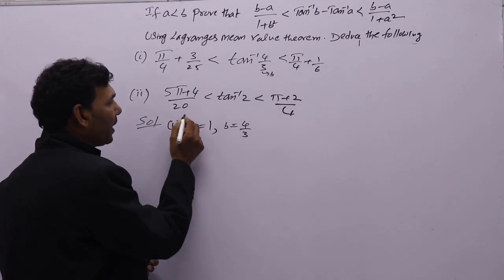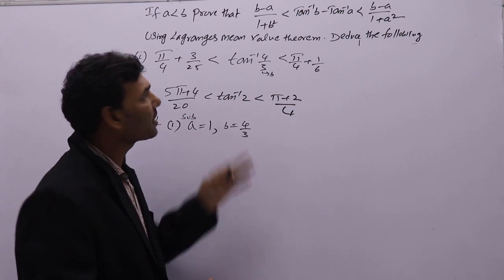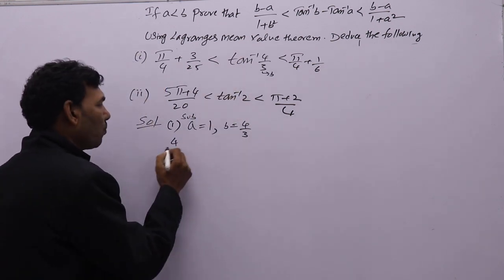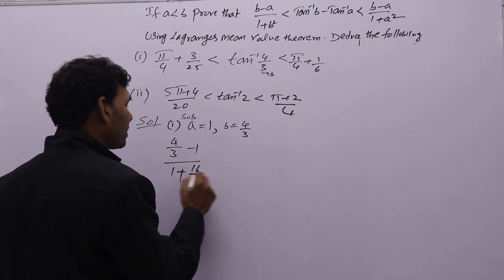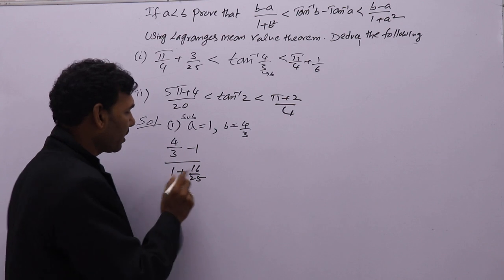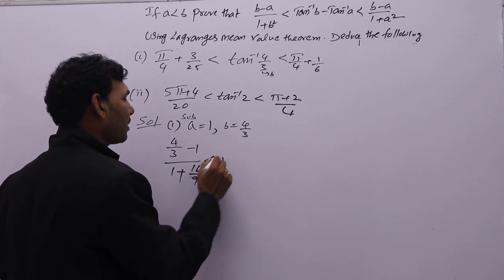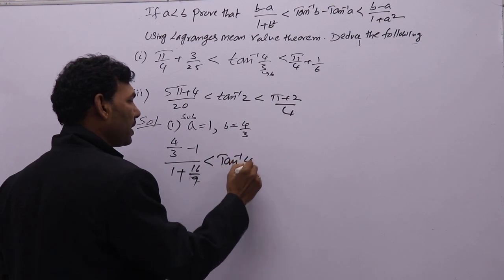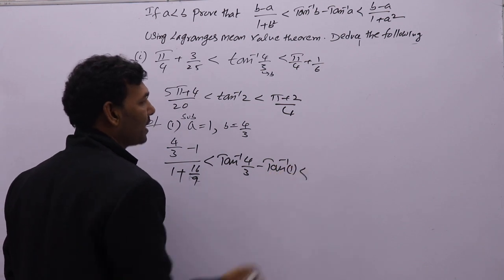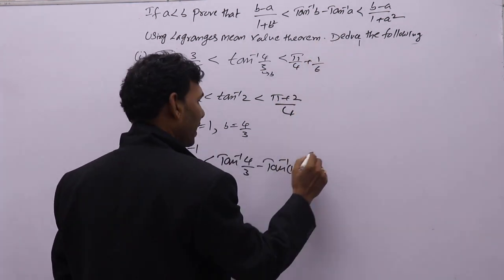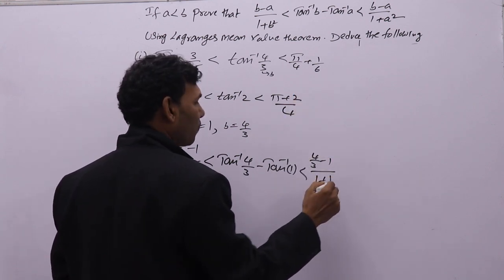Now substituting a as 1 and b as 4 by 3 in the above derivation, what will you get? (4 by 3 minus 1) by (1 plus b square), 16 by 25. 4 square is 16, sorry, 3 square is 9. 3 square 9 less than tan inverse 4 by 3 minus tan inverse 1 is less than, again (b minus a), (4 by 3 minus 1) by (1 plus a square), a is 1 square.